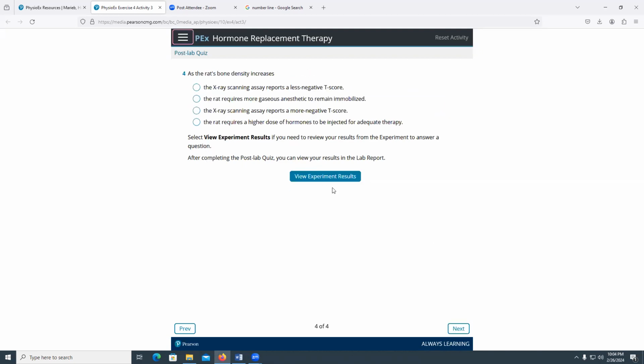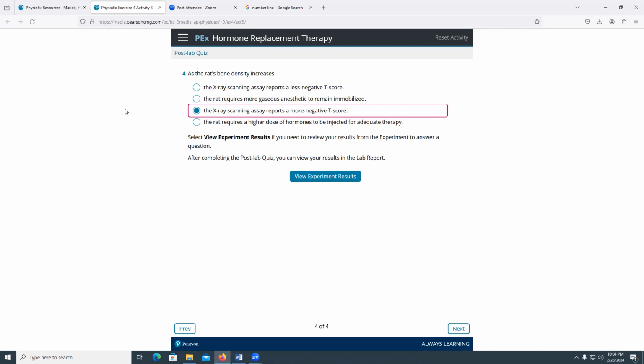That's true. As the rat's bone density increases, the X-ray scanning assay reports a more negative T-score. So we want a more negative T-score. The more negative we are, the better.